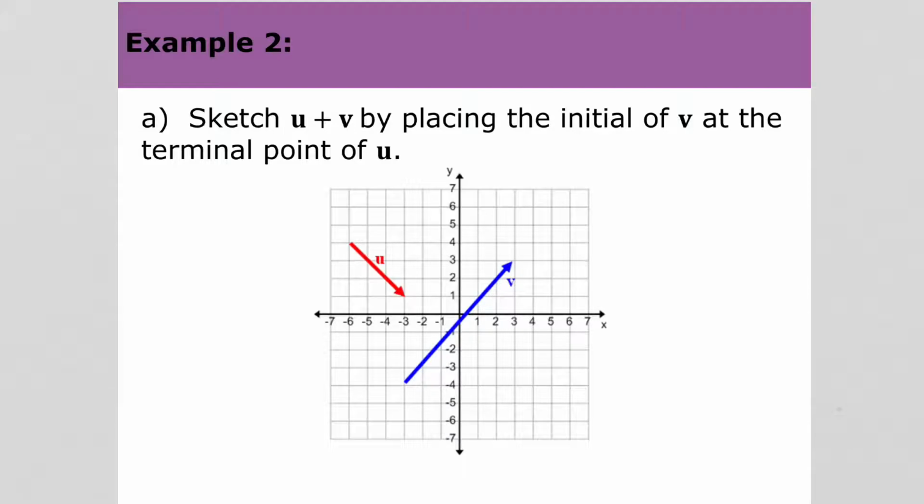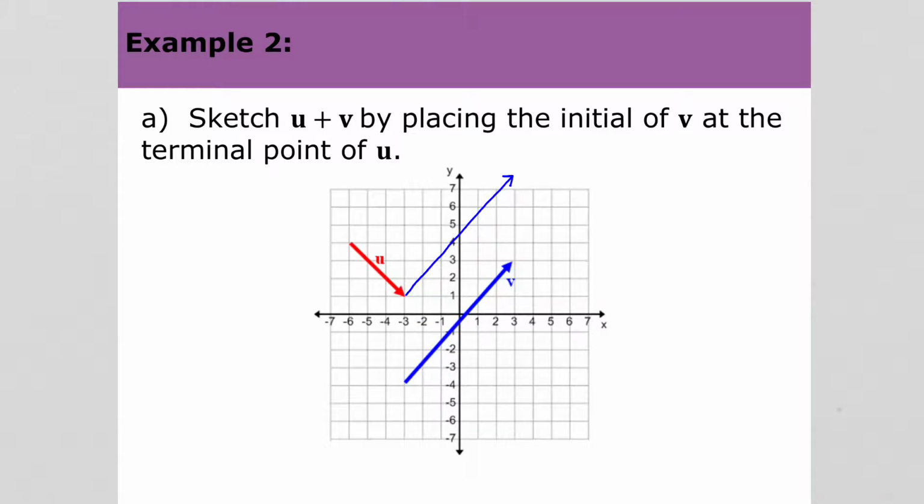Example 2 asks us to sketch u plus v by placing the initial point of vector v at the terminal point of vector u. So basically what we're going to do is, I'm just going to do this the easy way. I'm tracing over v and then selecting it and moving it.